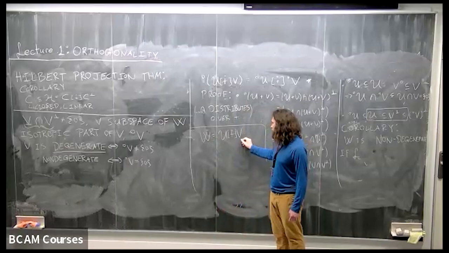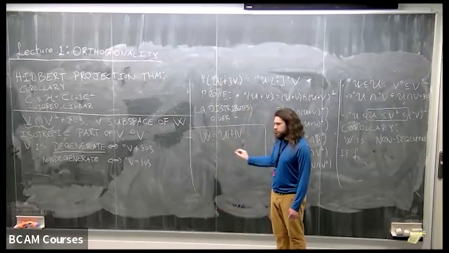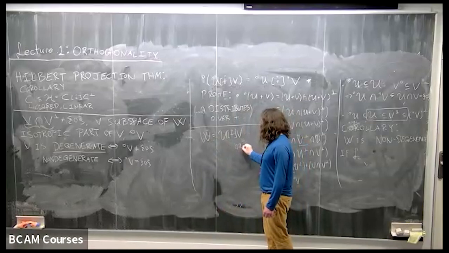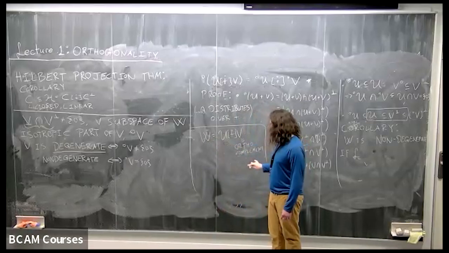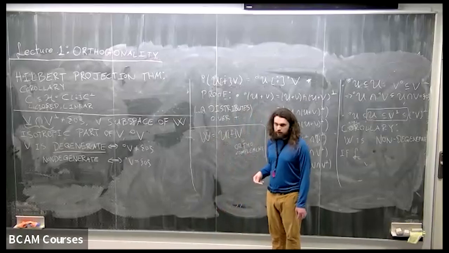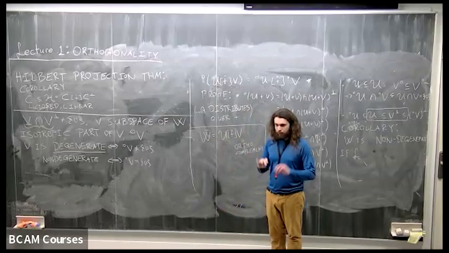But if this is true, I would call this the ortho complement of E. And if our subspace U is sufficiently nice so that it has an ortho complement, then we would say that U is ortho complemented.